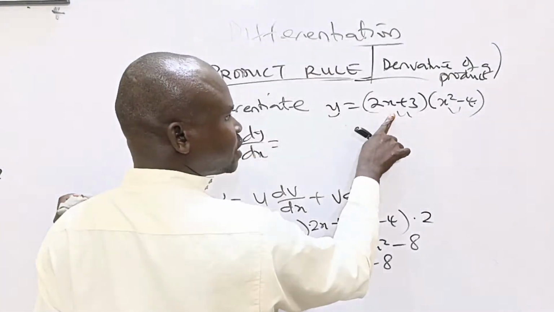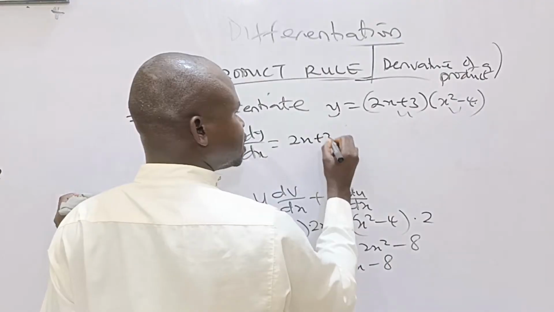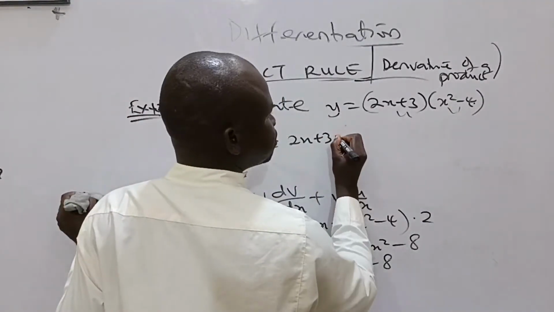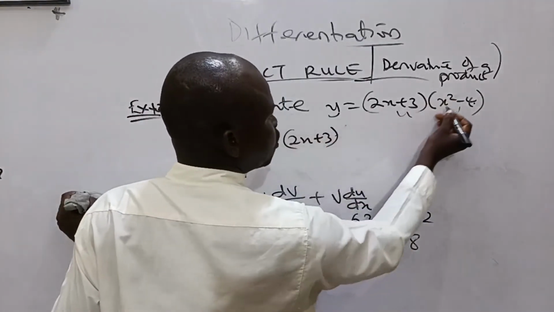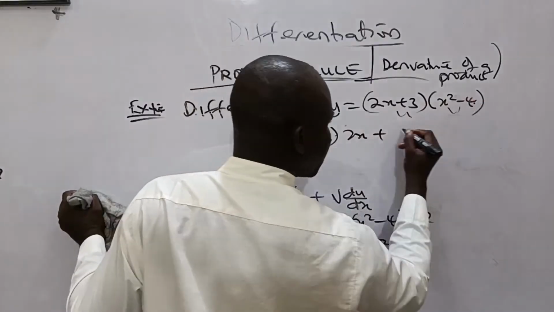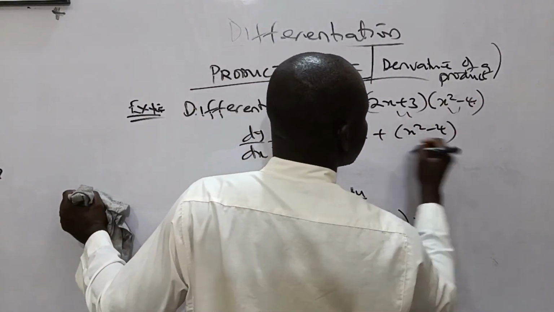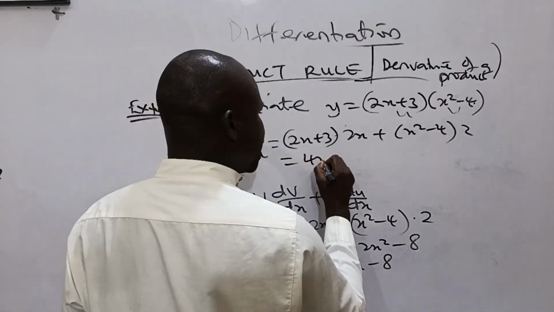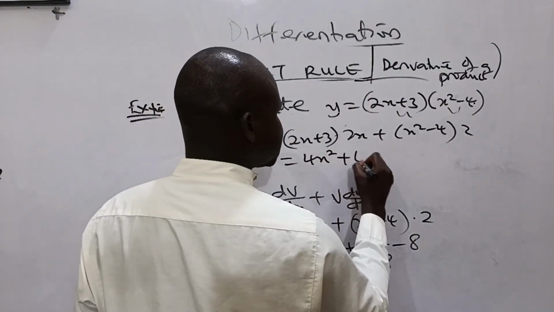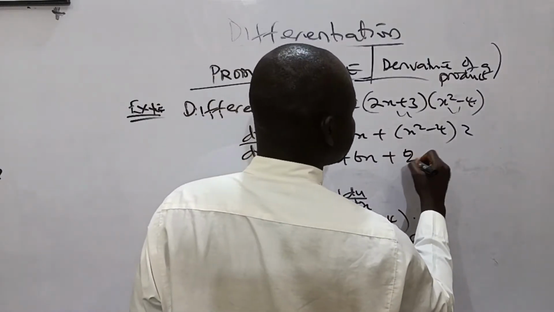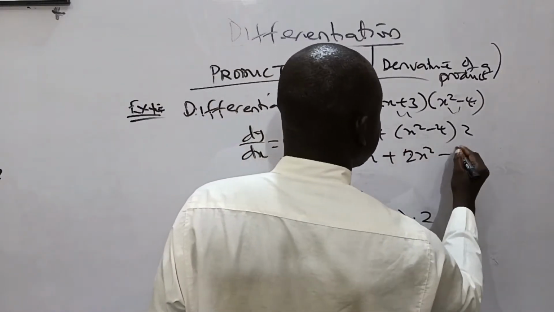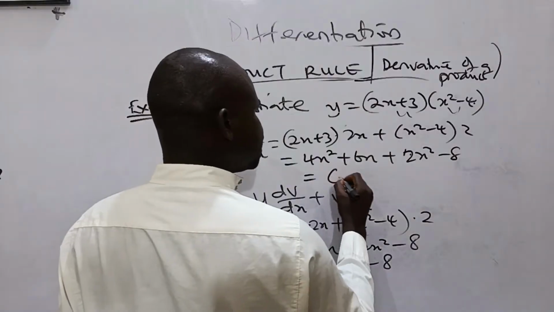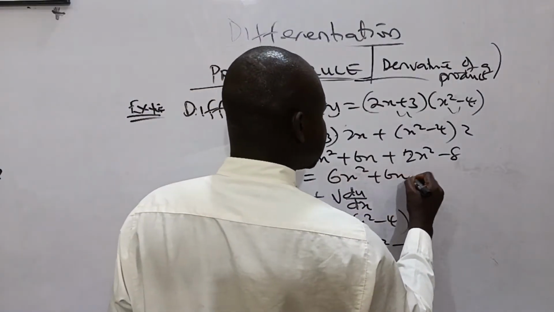When I pick this, 2x plus 3, I'll differentiate this and I'm going to get 2x. Plus, I'll go back and pick this, x squared minus 4, and differentiate this, which is 2. Just simplify. I'm going to have 4x squared plus 6x plus 2x squared minus 8. And at the end of the day, I will have 6x squared plus 6x minus 8.